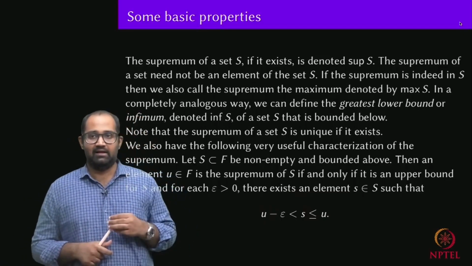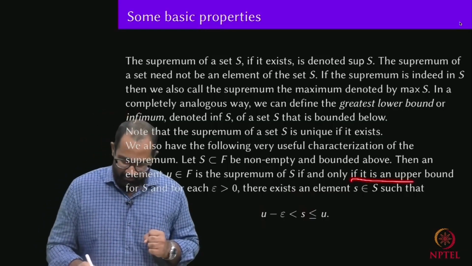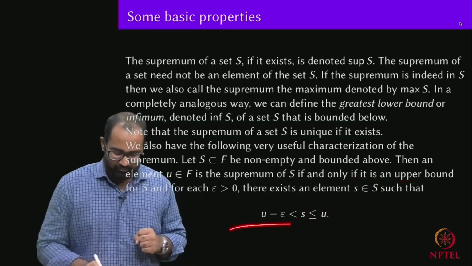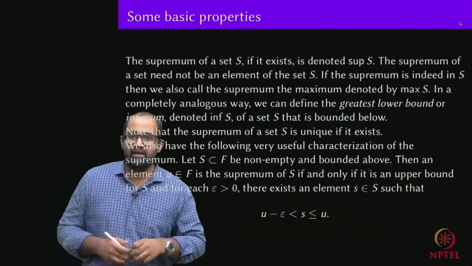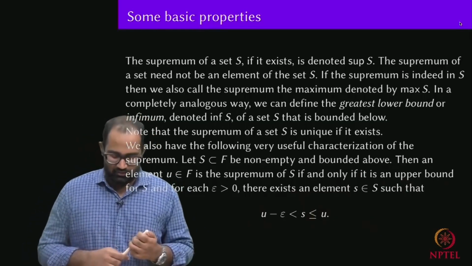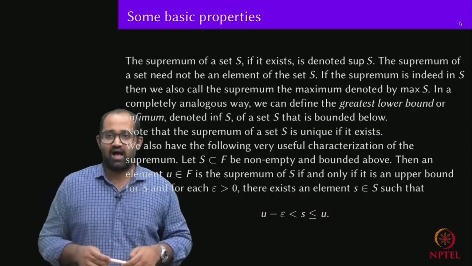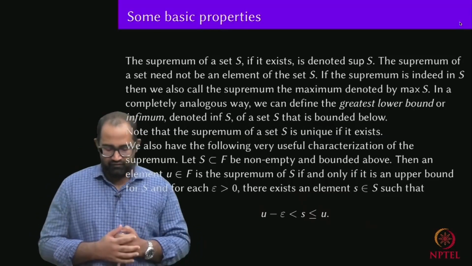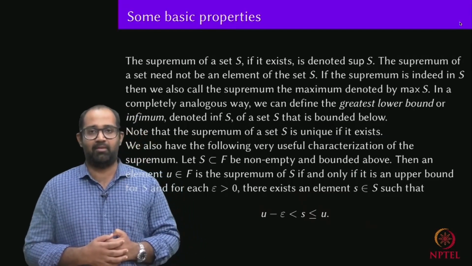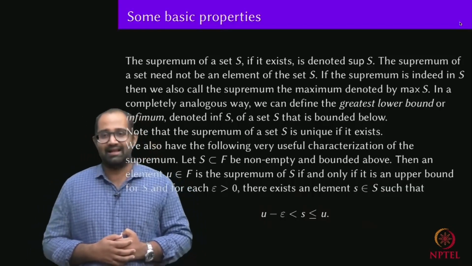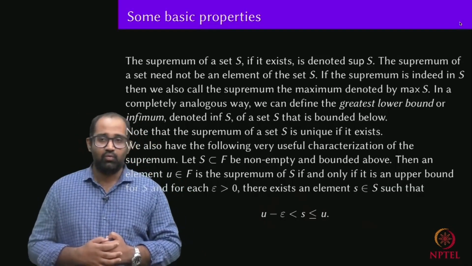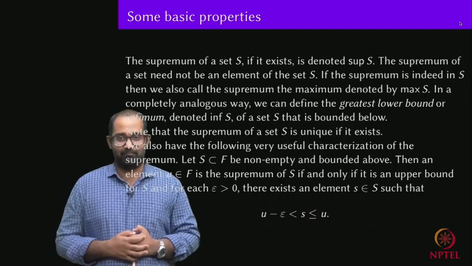On the other hand, assume that u is an upper bound and it also has this property. We have to show that it's the least upper bound. So what you do is you start with any other upper bound v, you have to show that necessarily u is less than or equal to v. Okay.